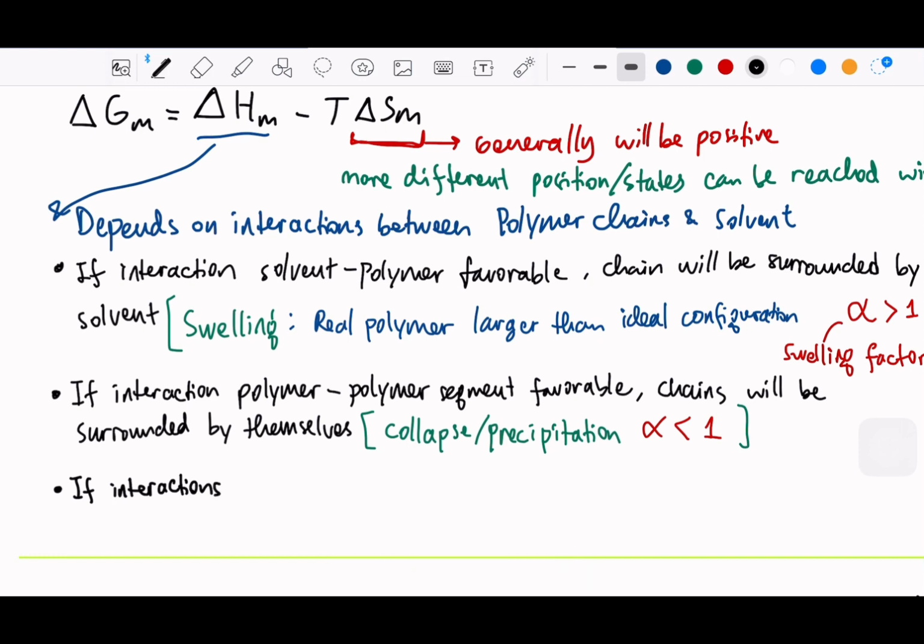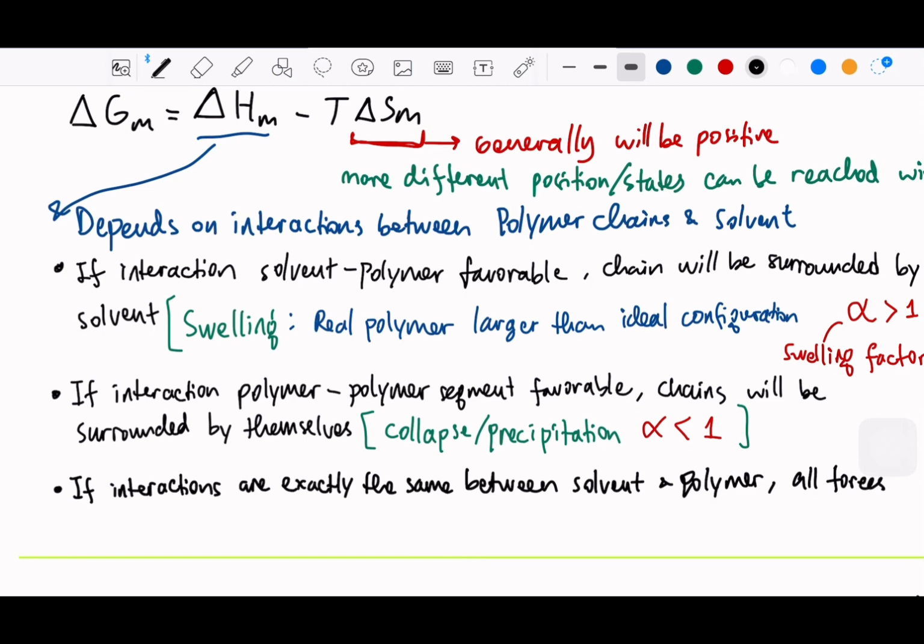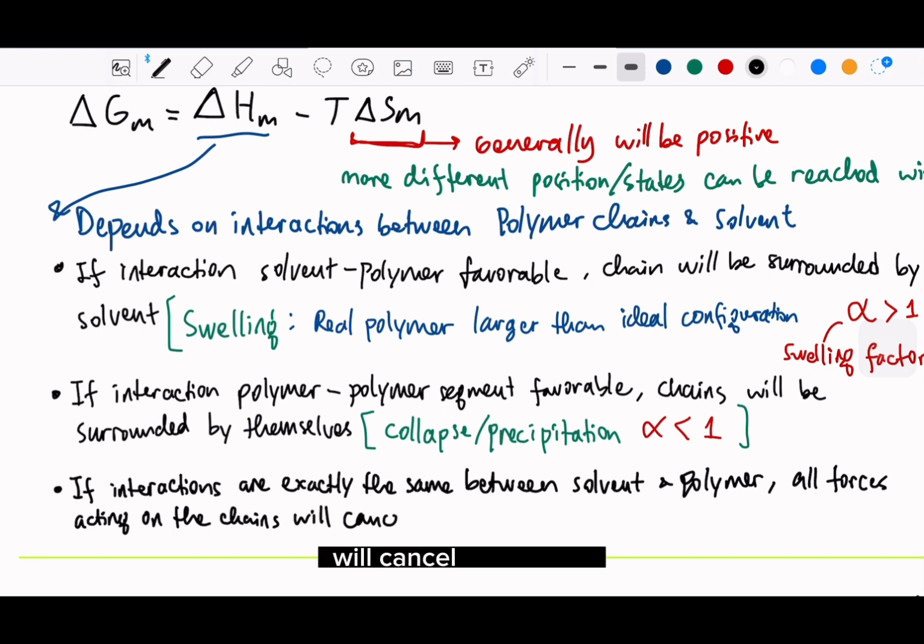So if interactions are exactly the same between solvent and polymer, so all forces acting on the chain will cancel each other.